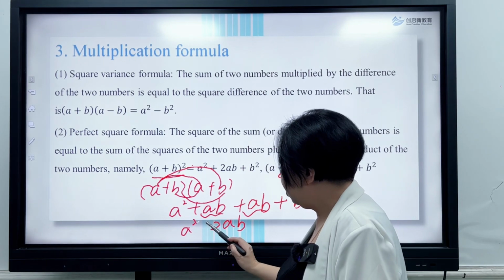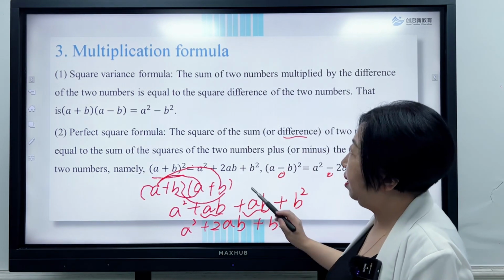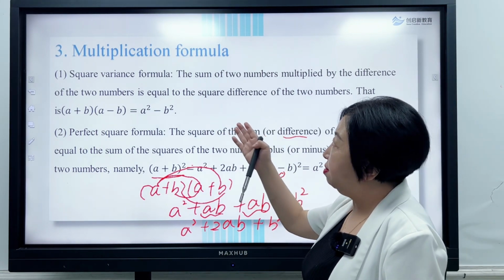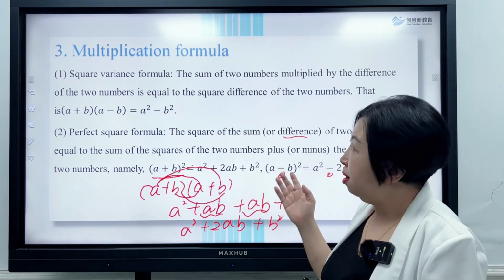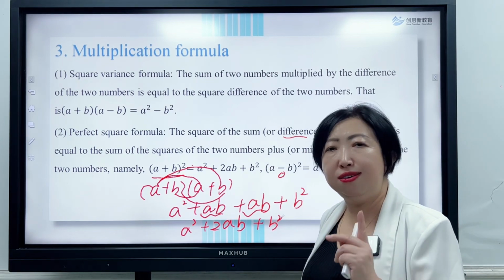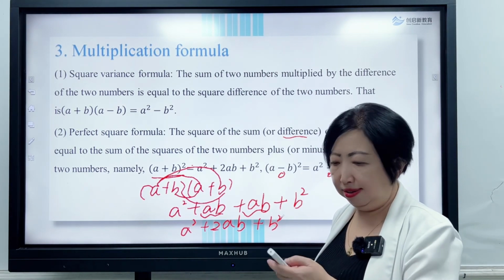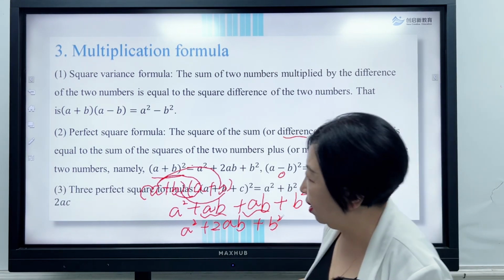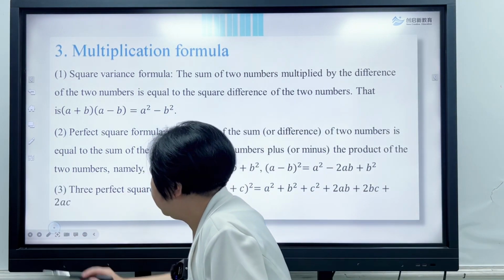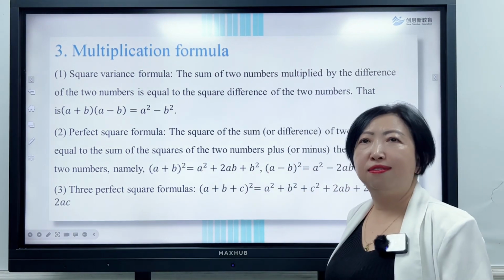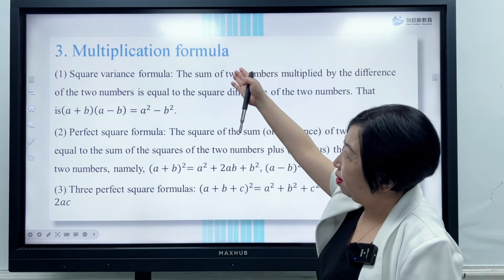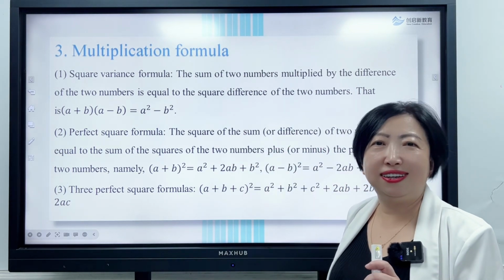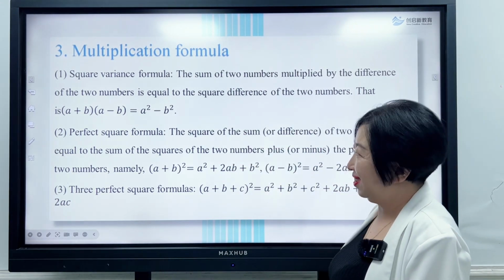So we call this formula the perfect square formula. The square difference formula and the perfect square formula are very useful in our operations. Of course, there are some other famous formulas, but the first and the second are the most useful and the most famous.